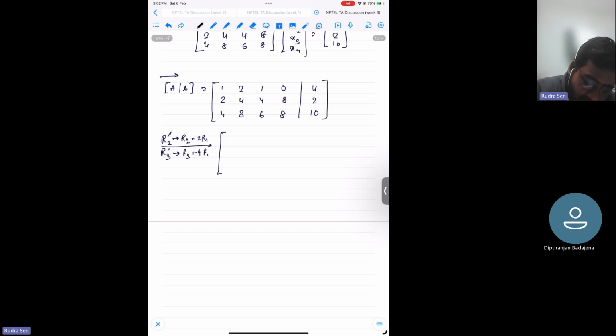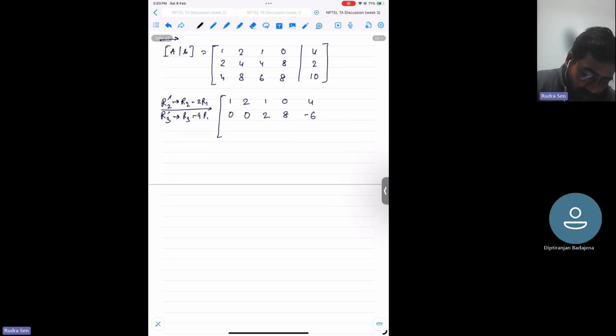What we'll get is 1 2 1 0 4, then 0 0, 2 2 minus 8 is minus 6, and here 0 0, and 4, 2, 8, 16 minus 6.